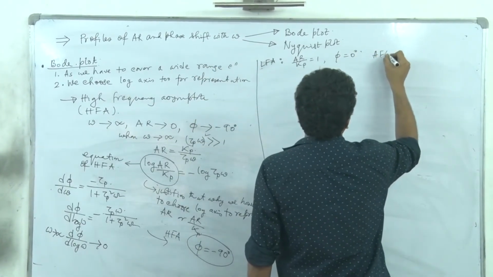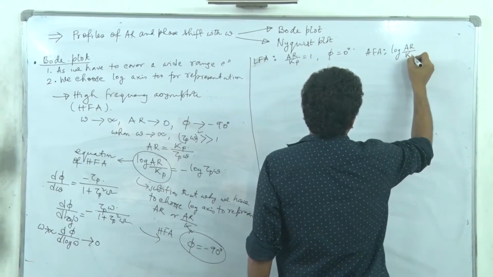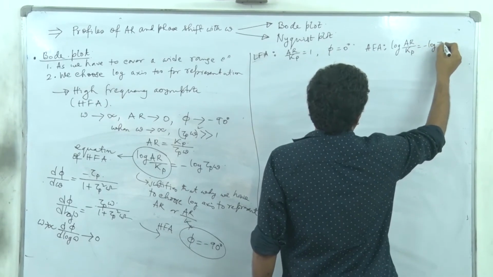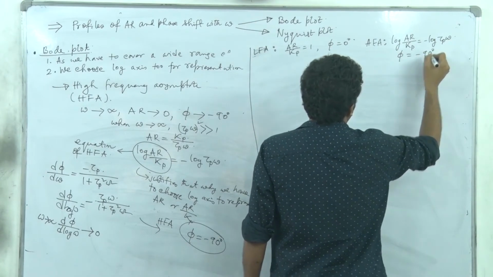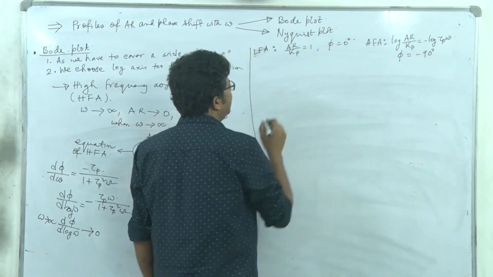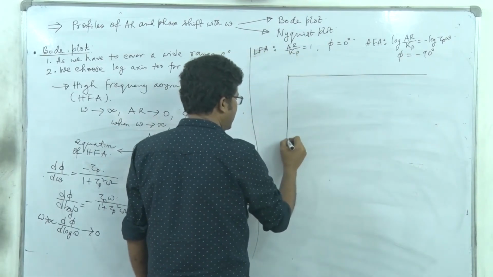High frequency asymptote, we have log of AR by Kp equal to minus of log of tau p omega, and phi is equal to minus 90. Now with that understanding, we will go for the construction of the Bode plot.